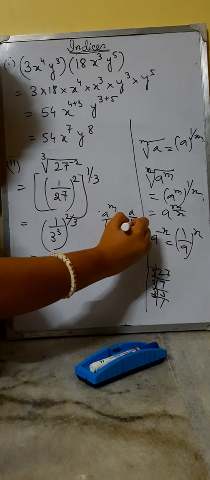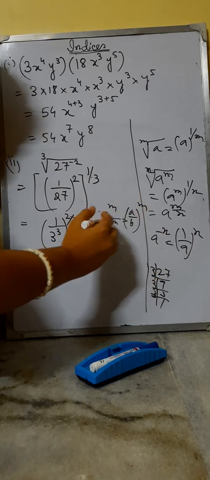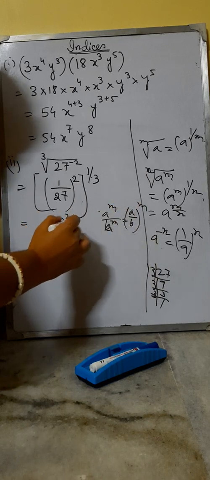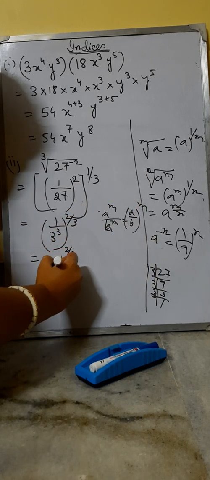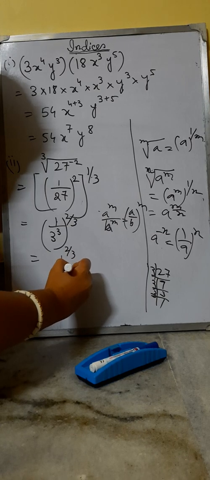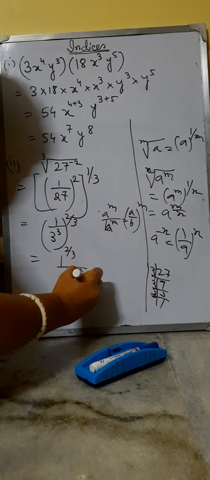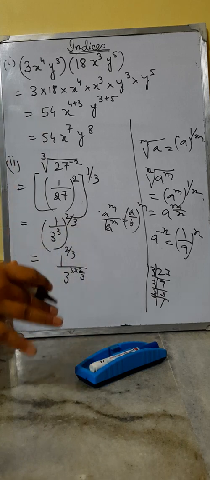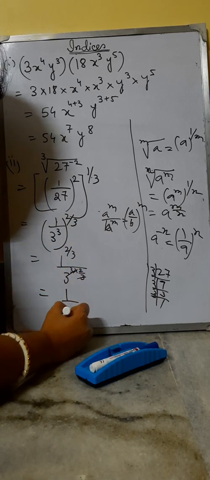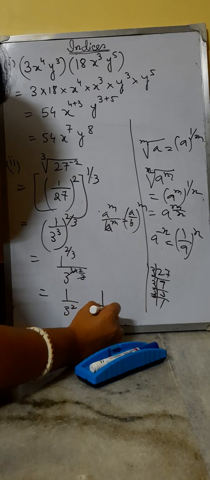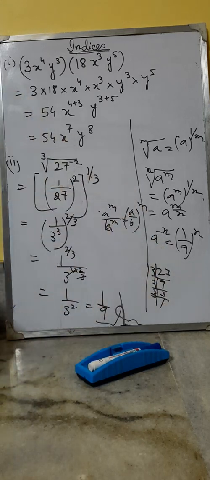So each part is multiplied by 2 by 3: 1 divided by 3 to the power 3 into 2 by 3. Now 1 to the power anything is 1, and this 3 cancels, 3 to the power 2, which means 1 by 9. This is your required answer.